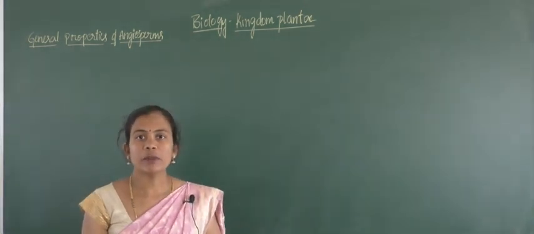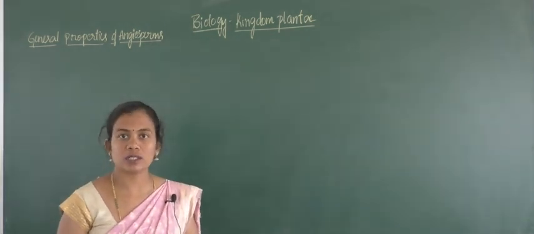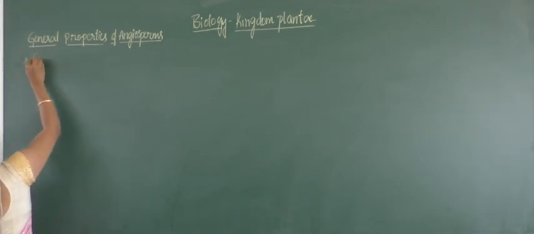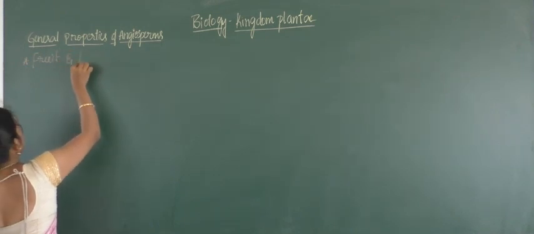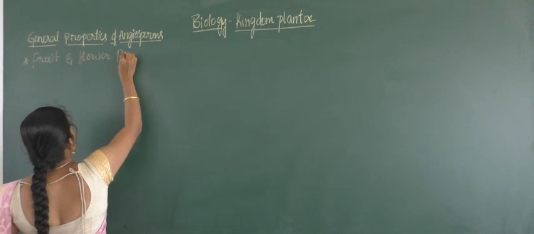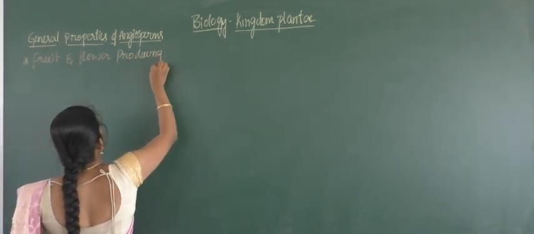We are very familiar with all the flowering plants that we see surrounding us, right? They are always flower and fruit producing group of plants.